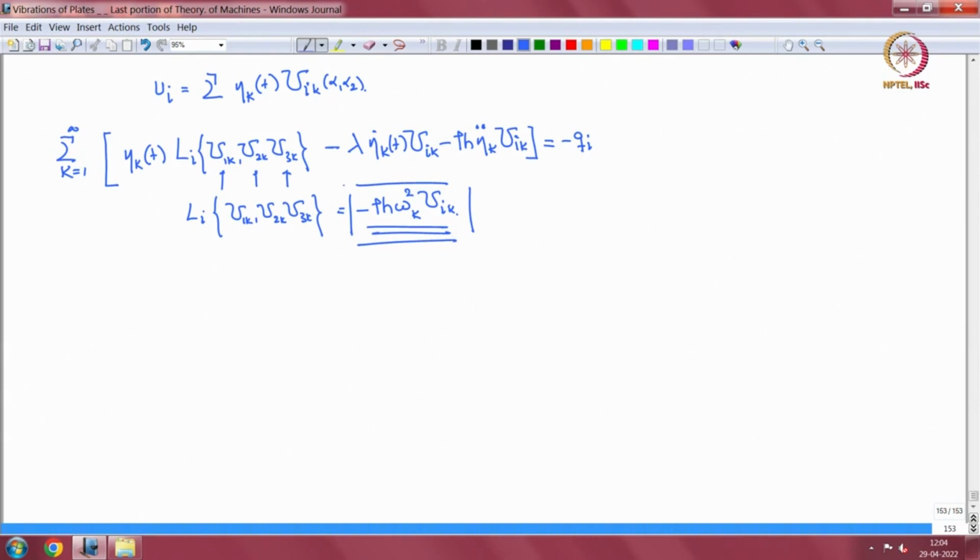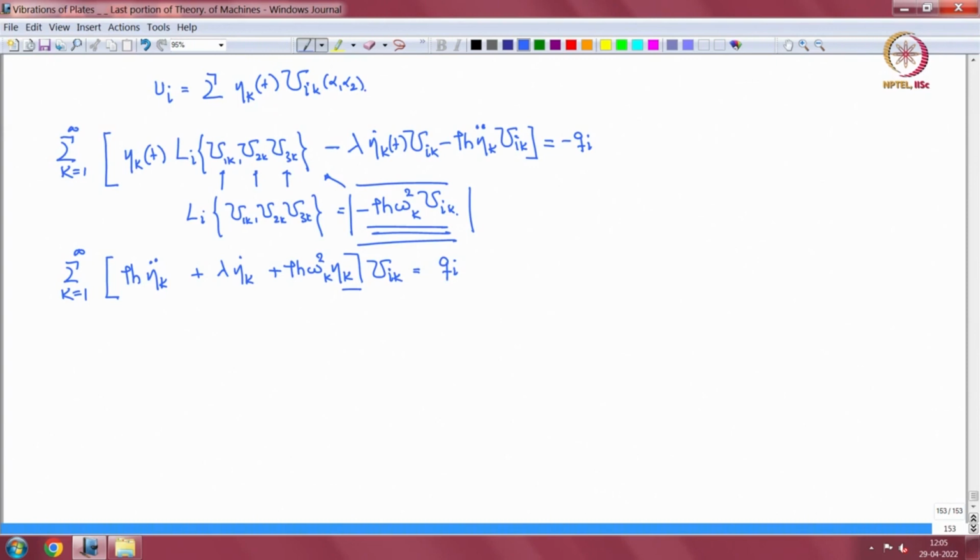So if I put this in here, I get sigma k equal to 1 to infinity, and all are minus, so I change the sign: rho h eta_k double dot plus lambda eta_k dot plus rho h omega_k squared eta_k, all of them have u_ik common outside, is equal to q_i, the external force in the ith direction.